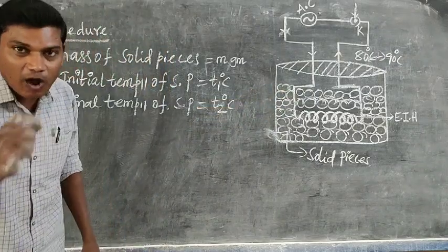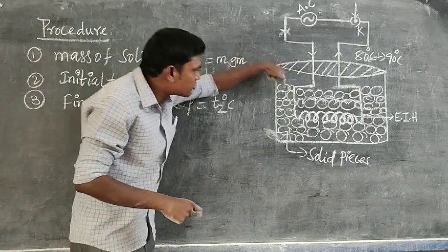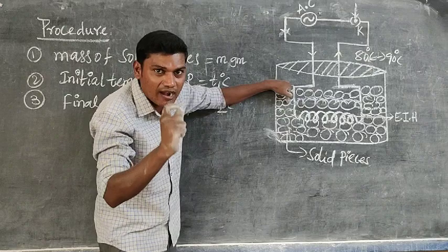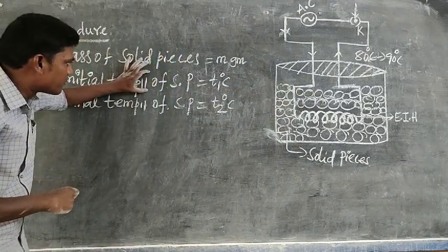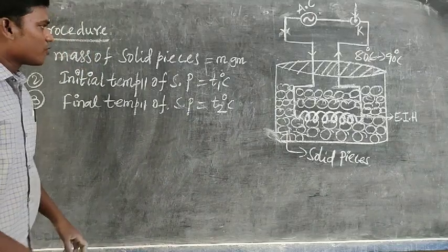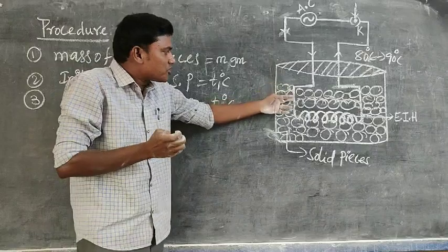After that, we take a thermometer. The thermometer mercury bulb we place into the solid pieces and measure its temperature, that is called the initial temperature of the solid pieces, noted as T1 degree Celsius. Next, we take the known power of electric immersion heater.